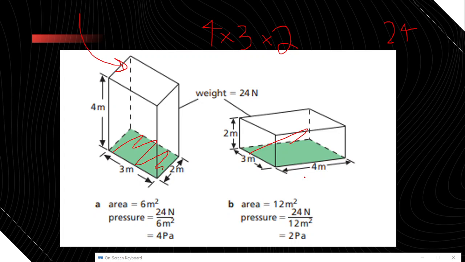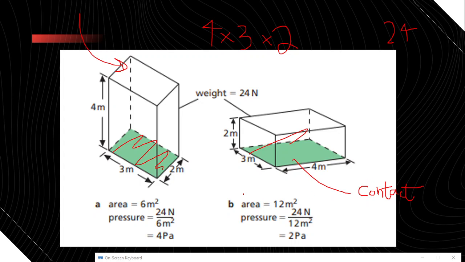So it really gives an idea of how the contact surface, this surface is called the contact surface, has a huge impact on the pressure that is being exerted on the ground or on the surfaces where it is put.